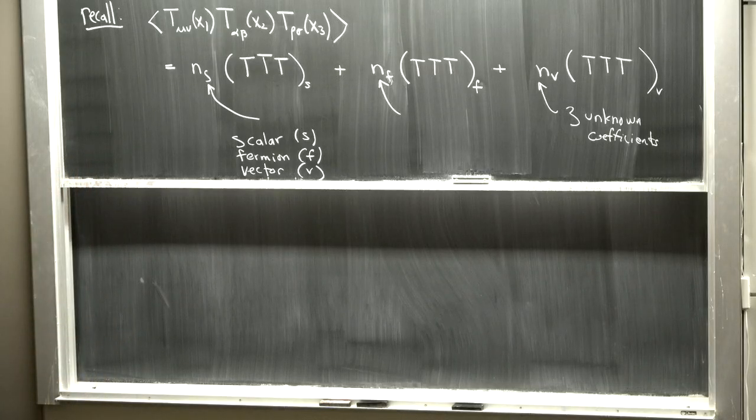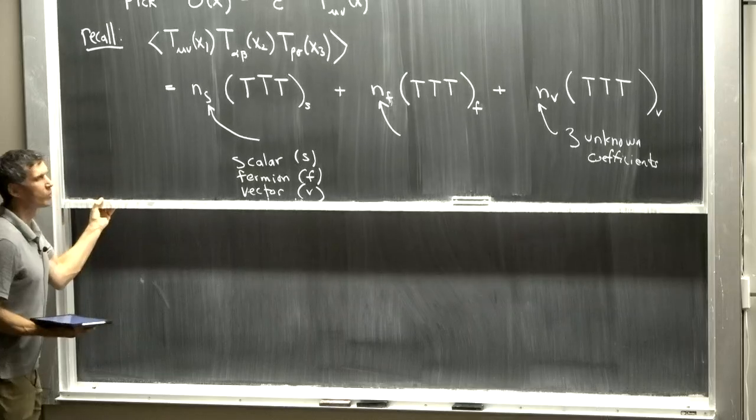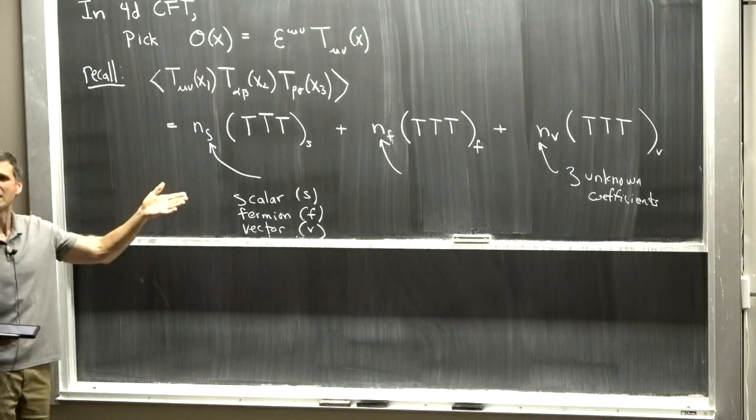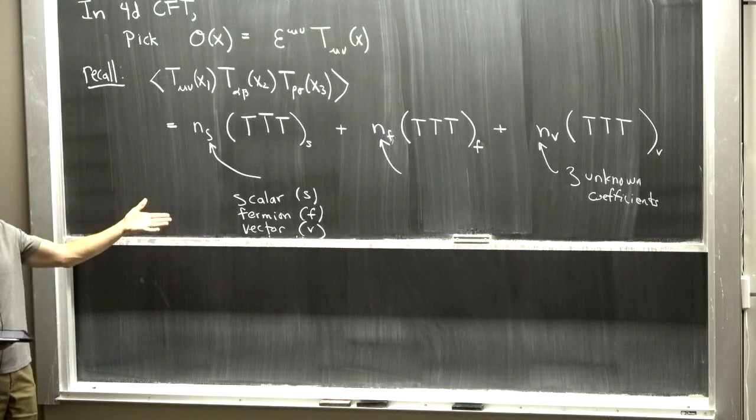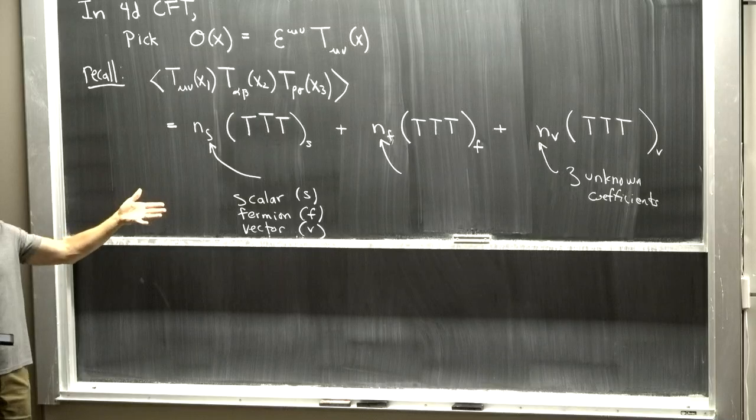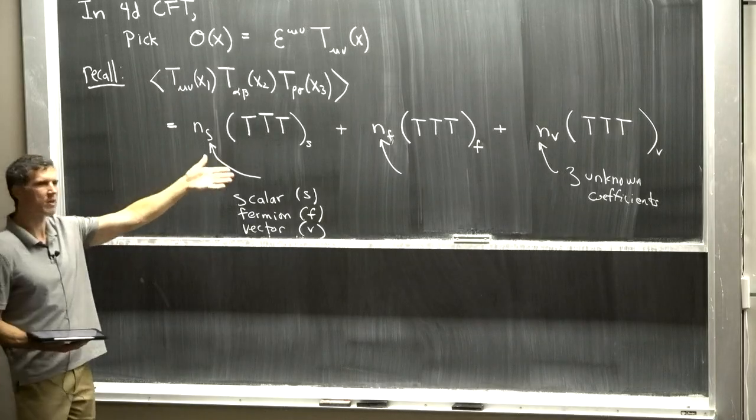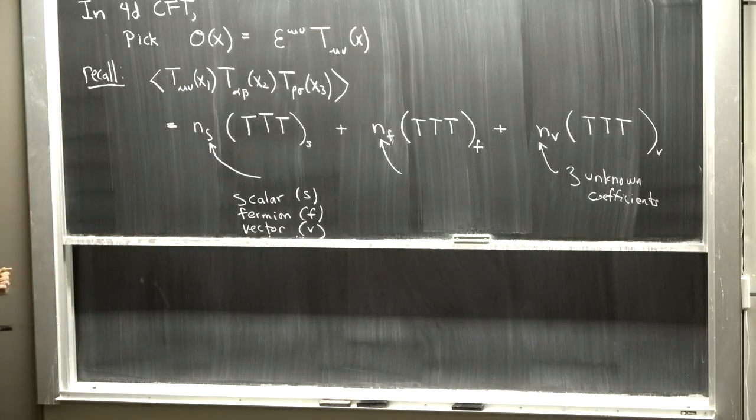We're not doing free theory here. We're doing strongly interacting general conformal field theory, where we're just using this as a convenient basis for tensor structures that appear in an arbitrary conformal field theory. And if we have 3 of them, then it spans all possible TTT correlation functions.